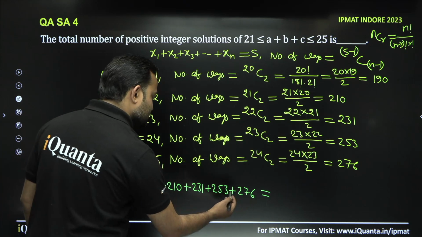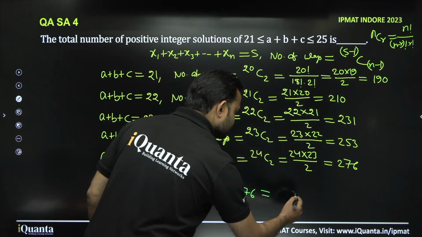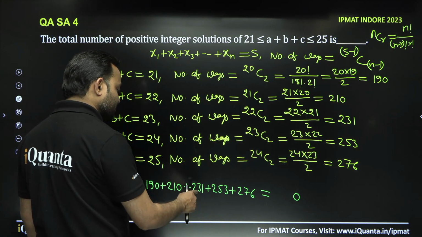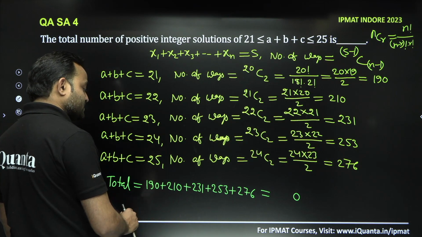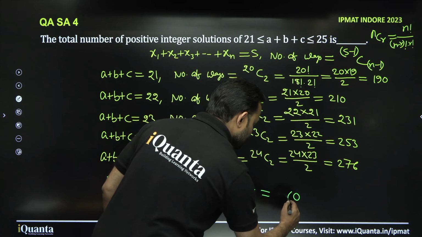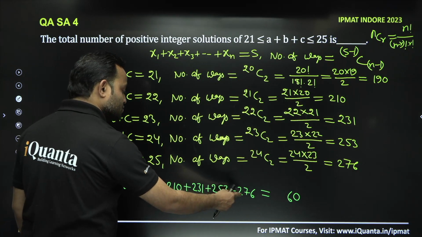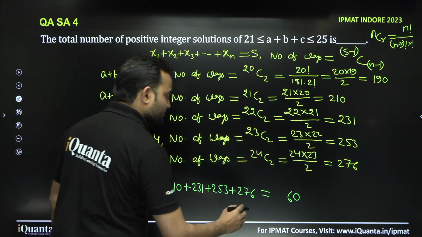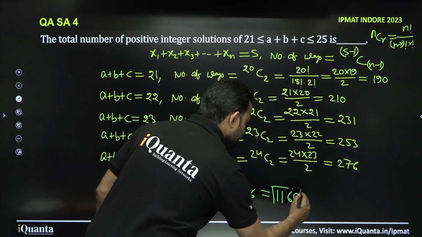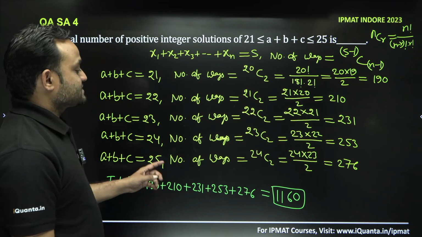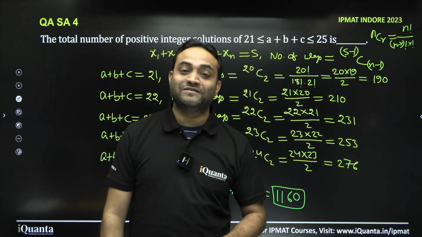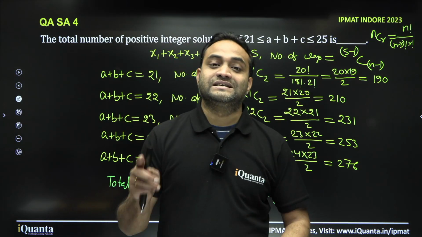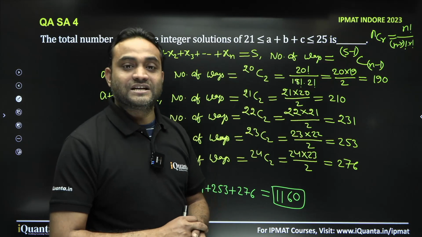So 6 plus 3 is 9 plus 1 is 10, carry forward 1, 7 plus 5 is 12 plus 1, carry 1, 3 plus 3 is 6, 6 plus 1 is 7 plus 9 is 16, carry... total 1160. This is the total number of positive integral solutions for the given condition: a plus b plus c is greater than equal to 21 and less than equal to 25.